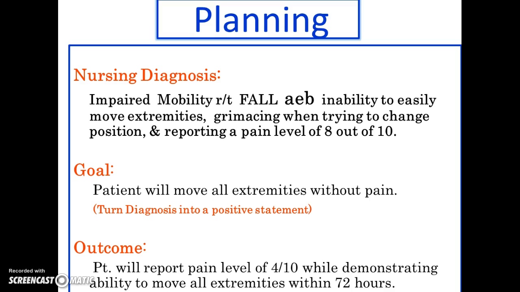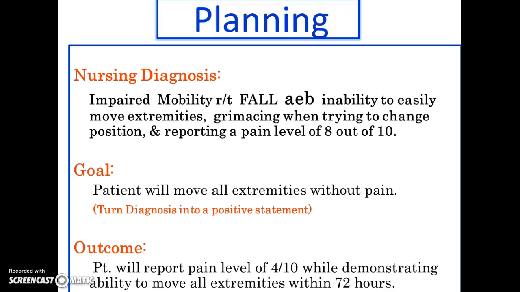Now, you want to try and have an overarching goal, but your outcome is going to be more specific, as you'll see below, where it says patient will report pain level of 4 out of 10 while demonstrating ability to move all extremities within 72 hours. So you will see that it's specific.